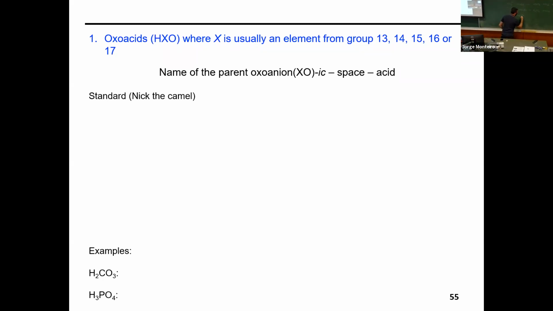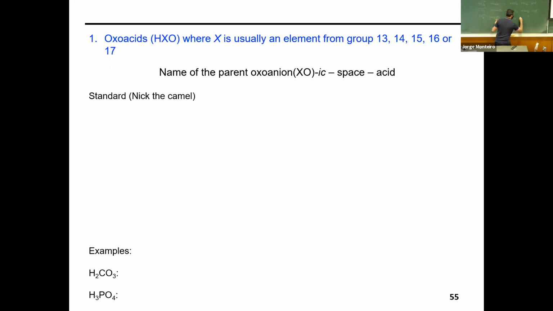Attention here, ending in ATE. To move from the oxoanion to the oxoacid, we are going to balance the negative charges by adding hydrogens. 3 here, we have to indicate 3 as a subscript. So therefore, H3PO4, that's the acid that we want to know the name.